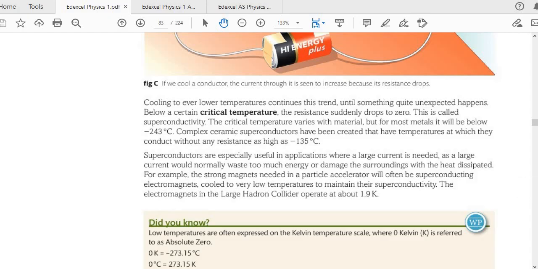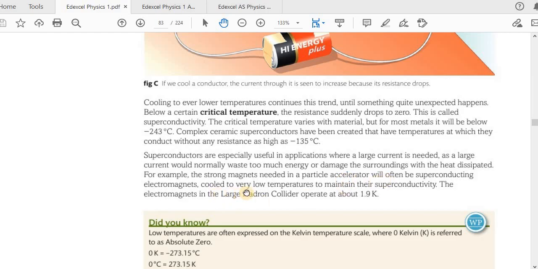Rather than saying stop, it is so less, we can say that the electrons can pass through easily, which reduces the resistance to zero. For example, the strong magnets needed in a particle accelerator will often be superconducting electromagnets.